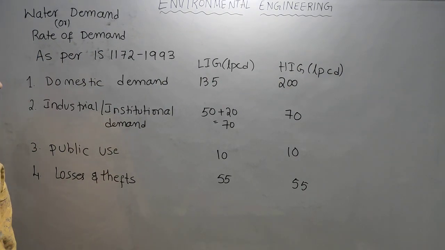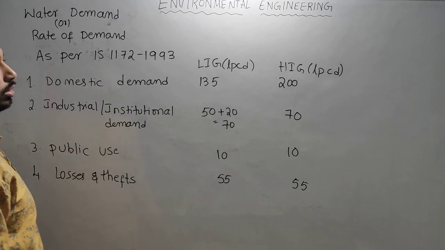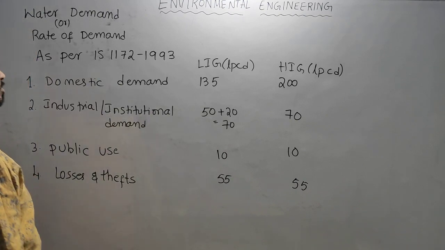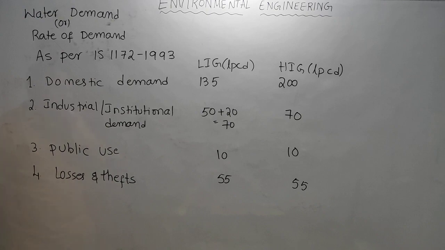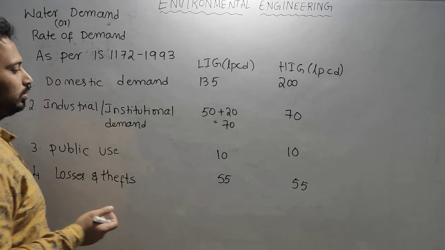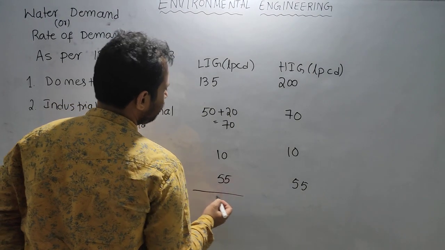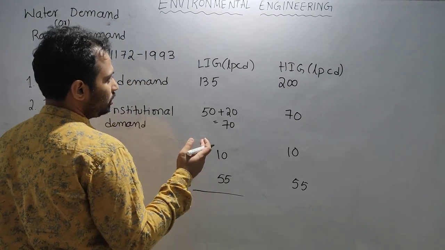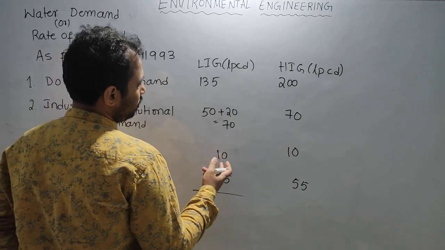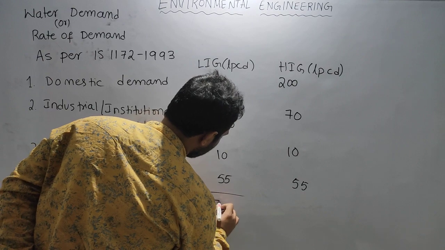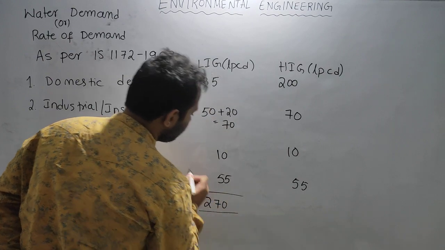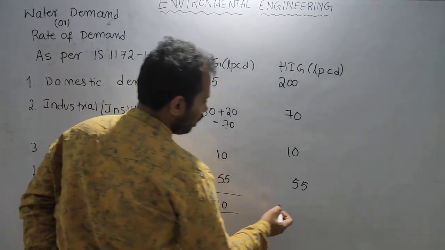To incorporate all those things, we keep losses and thefts as 55 LPCD. If you add up all of this, you will get 270 LPCD for low income group and 335 LPCD for high income group.